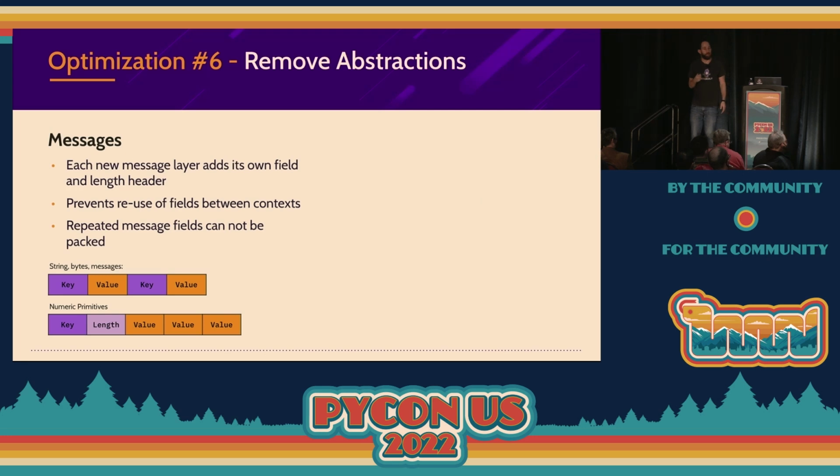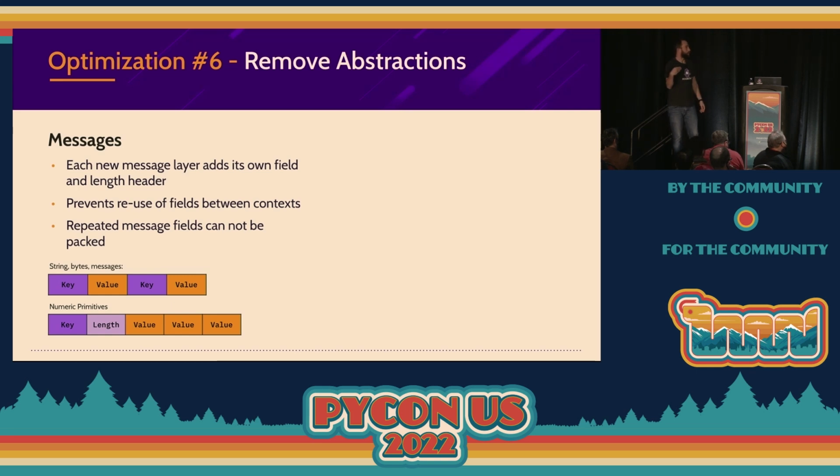Now, as we got more aggressive, we've seen that each message we create adds its own key header, which adds additional processing, additional size. And also, if you see the implementation of how lists are made, lists for complex types are repeated key value sets. So you're adding the key time and time and time again.